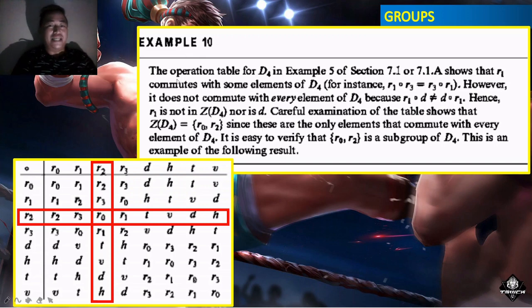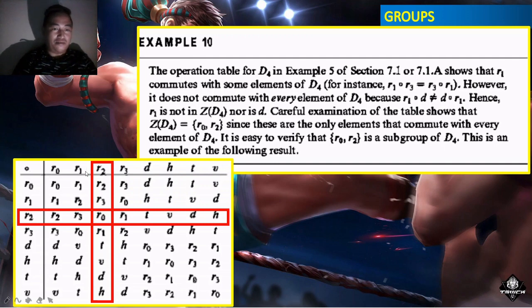Okay, example number 10. The operation table for D4, in example number 5, shows that R1 commutes with some elements of D4. So R1 commutes, right? R1 compose R0 is R1.